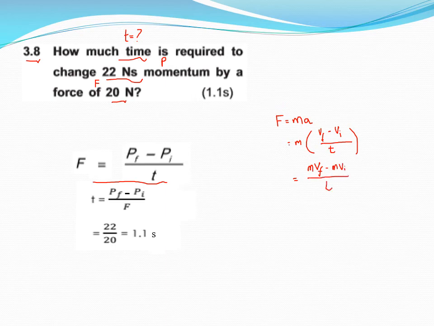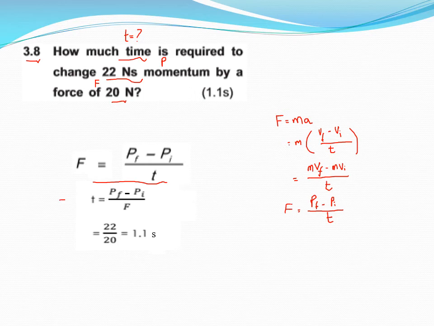And in upstairs, in numerators, we are finding the product of mass and velocity. And what is that called? Momentum. So this is final momentum, and this is initial momentum, and in downstairs we are having time. So this is how to get this formula, which is utilized in this numerical.